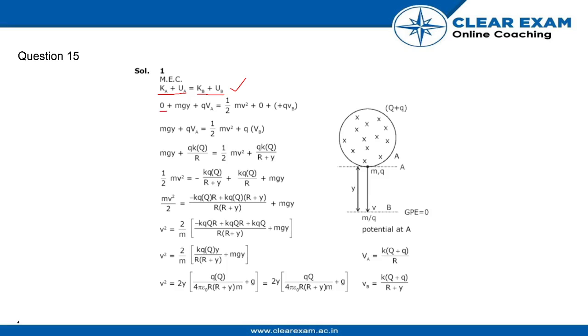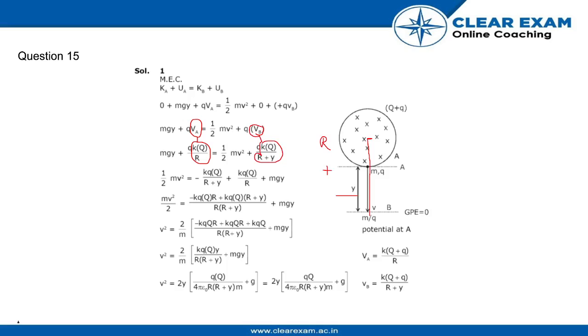The potential energy due to gravity is mgy, since the piece is at a height y from the ground, and the electric potential energy is qVA at point A. At point B, just before the piece touches the ground, the kinetic energy is half mv square, the gravitational potential energy is 0, and the electric potential energy is qVB. So VA is kQ by r and VB is kQ by r plus y.